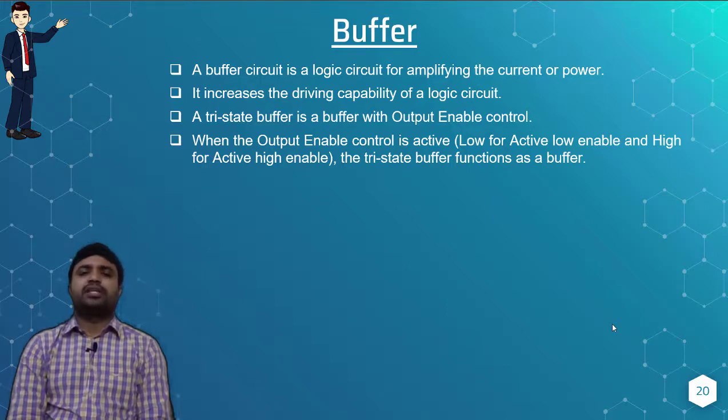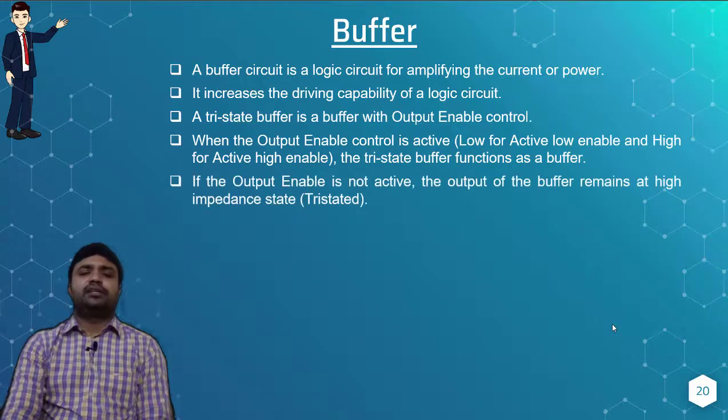That means it functions as an amplifier. The other combination is if the output enable is not active, the output of the buffer remains in a high impedance state, as we considered for the earlier configuration, that is a tri-state operation.